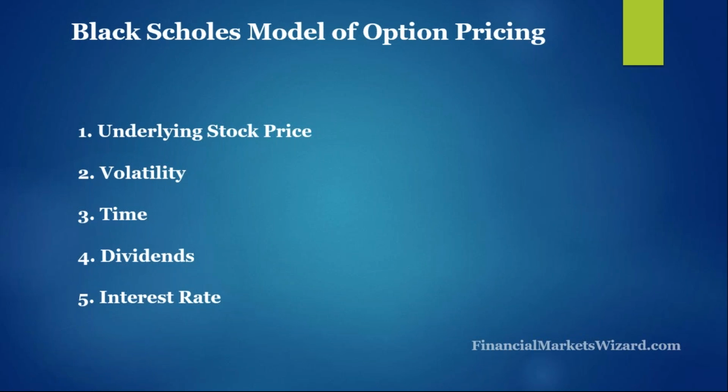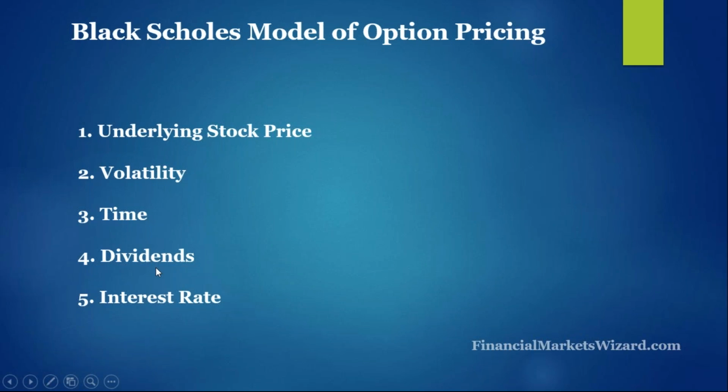If the volatility is high, the option price goes up. If the time remaining in the option is more, then the option price is higher. For instance, if you buy a December option, you pay more than if you buy an option for August. The more time you buy, the more you pay.